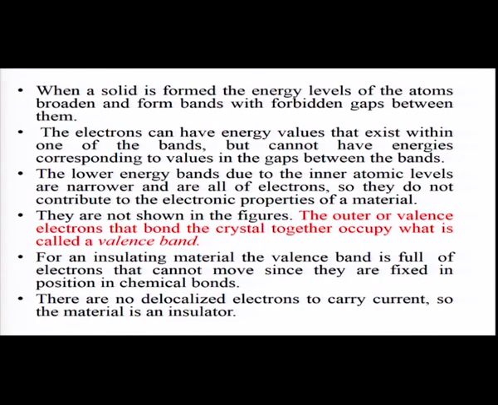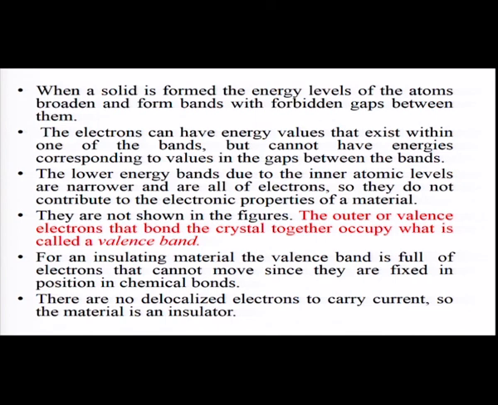The lower energy bands, due to the inner atomic levels, are narrower and full of electrons. So, they do not contribute to the electronic properties of the material, and these bands are not shown in the figures.